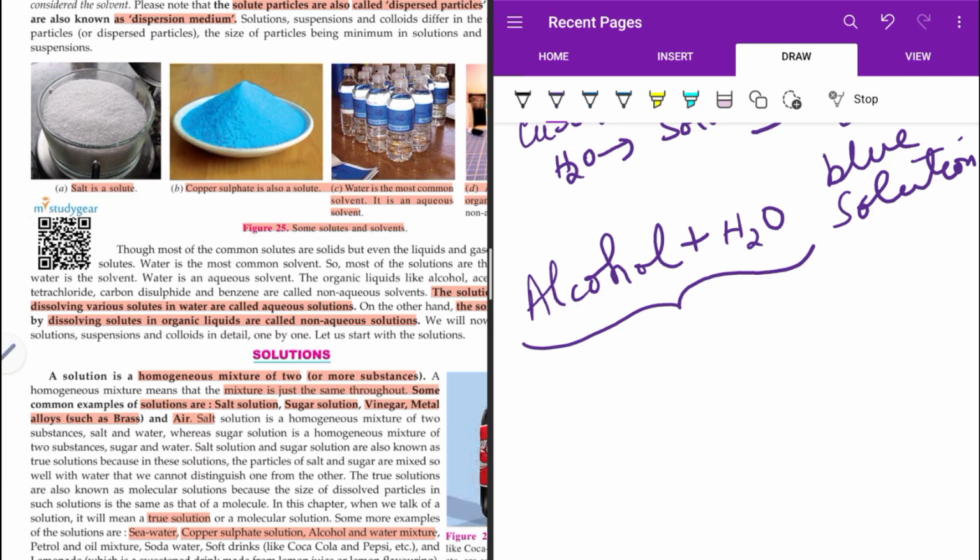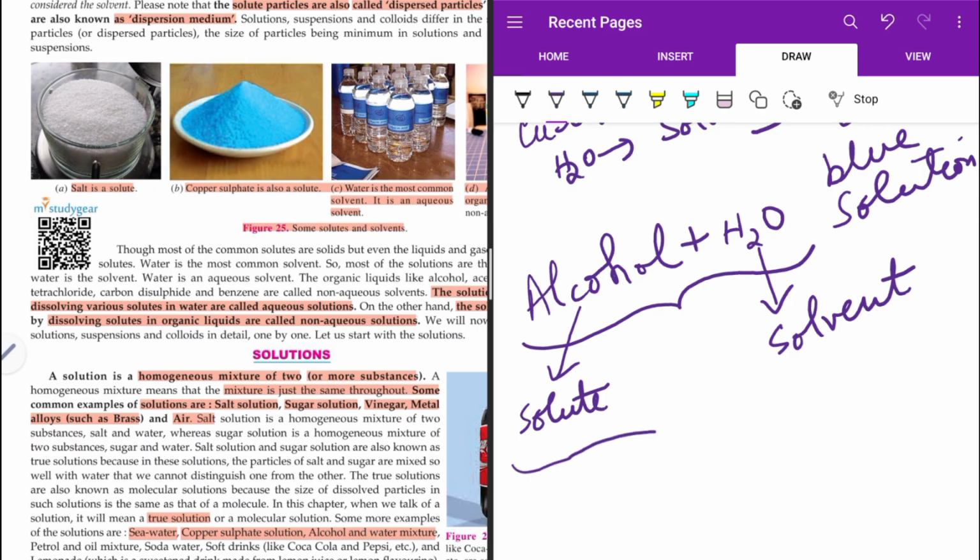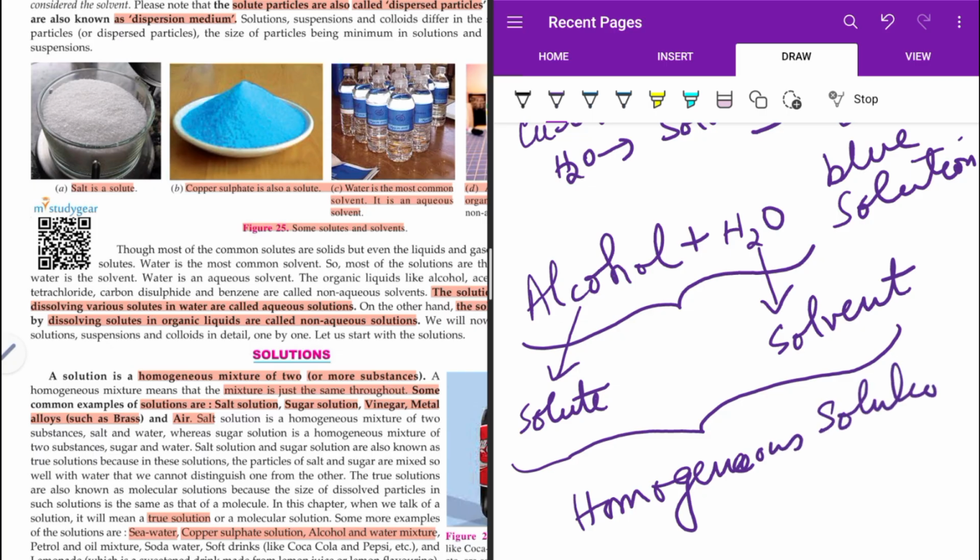Just keep in mind that alcohol acts as the solute and water acts as the solvent, and it dissolves in all proportion, so it forms a homogeneous solution because it is completely dissolved in water.